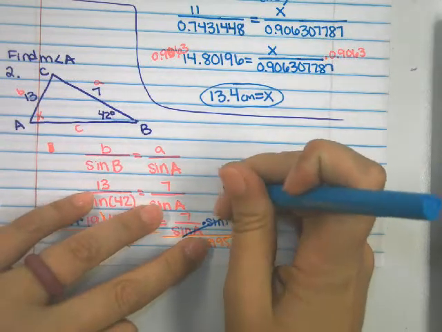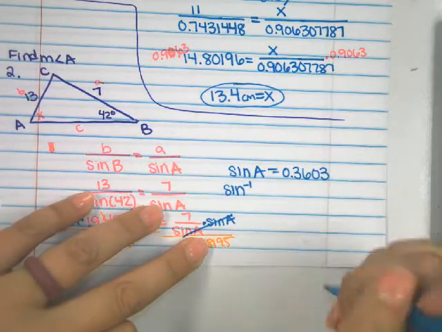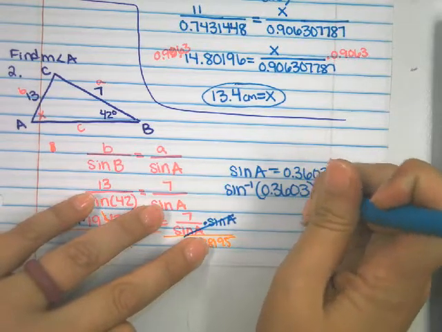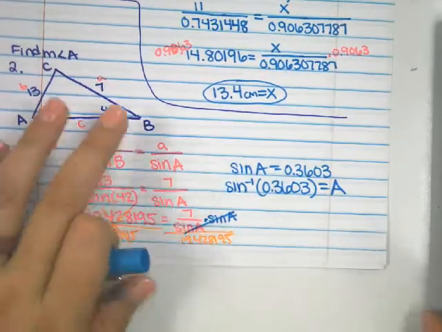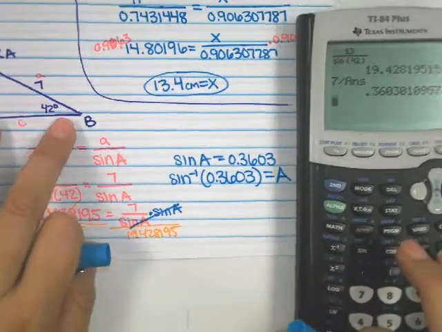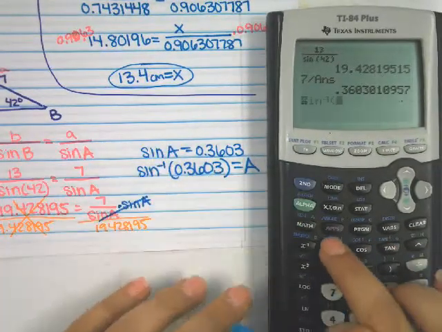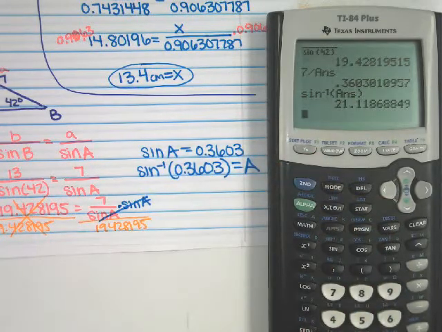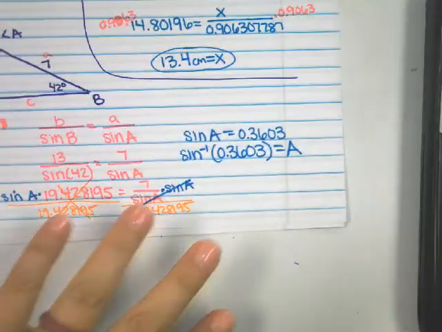So to do this in our calculator, we type sine of -1, which is inverse, of the decimal, and that will give us the size of the angle. So in my calculator, second sine of the decimal, using my last answer, so it's not rounded, gives me 21.1 degrees.